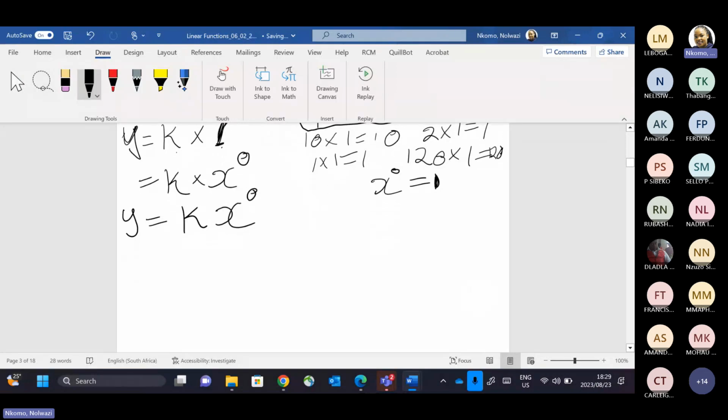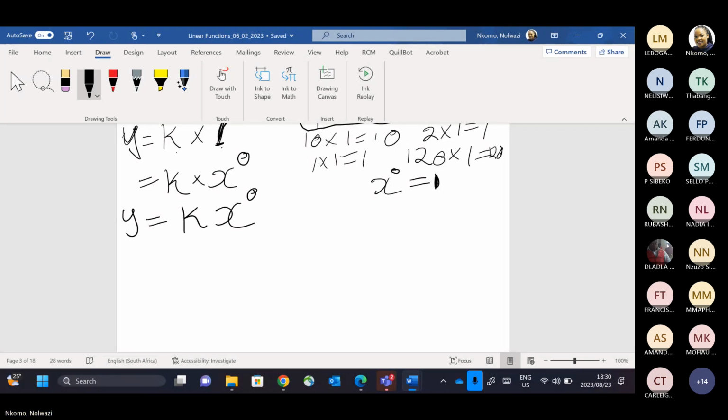Okay, the reason I'm writing x to the power 0 times k is because I'm trying to show you that the derivative of any constant is equal to 0. You can apply this rule, the power rule of differentiation, to any constant. You will get 0, right?